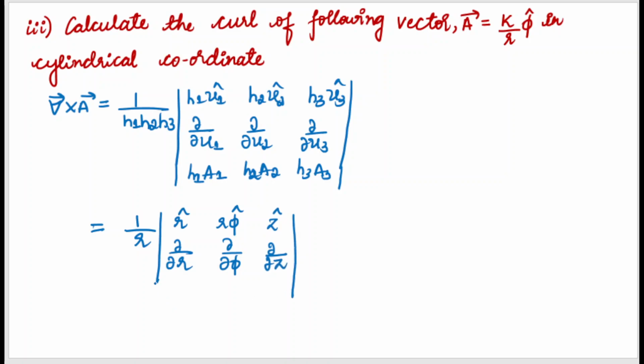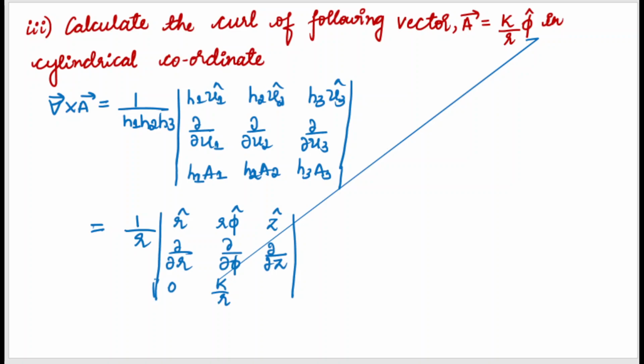Now instead of h1 it is 1, and a1, the r cap term, they have not given, so it will be 0. The a2 term is given, it is phi cap, right? So it will be k divided by r phi cap.